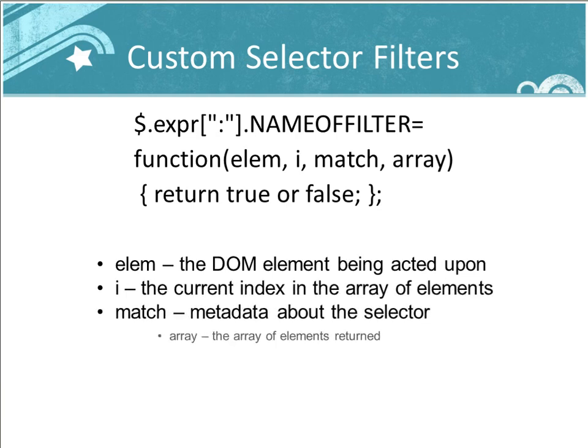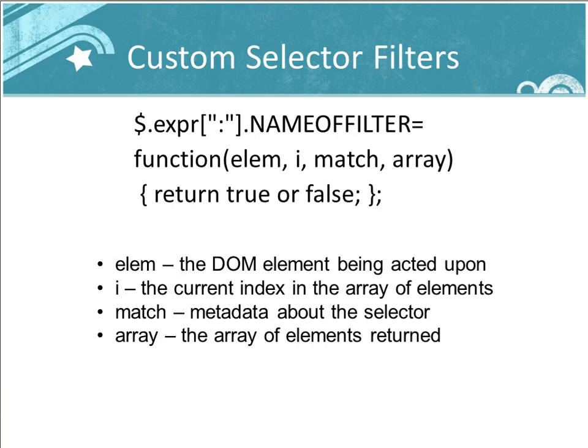So element here is the DOM element being acted upon. So this is the element that we want to test to see if it matches the filter. I is the current index in the array of elements that match our filter. So we understand that in jQuery, when we specify a selector, what we're actually getting back is a jQuery object.